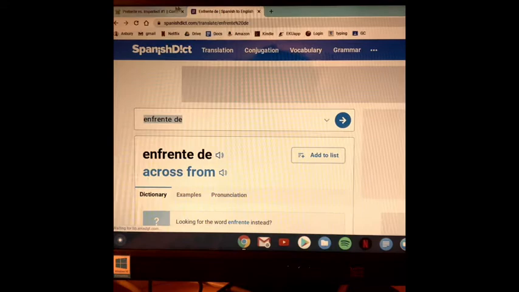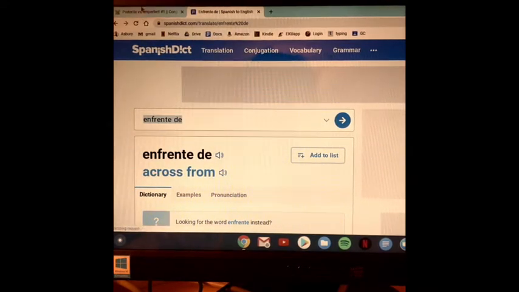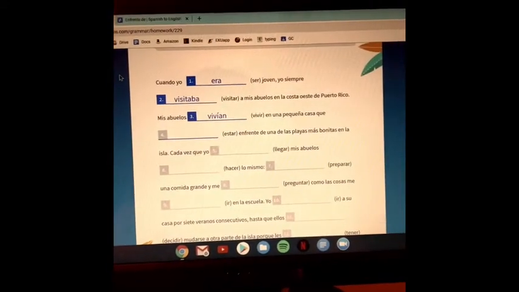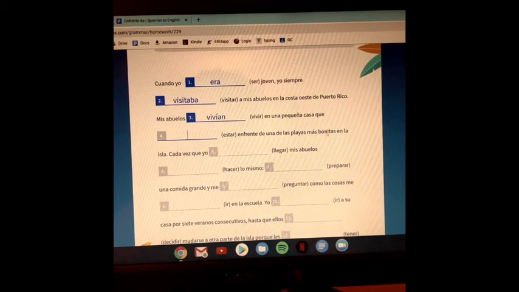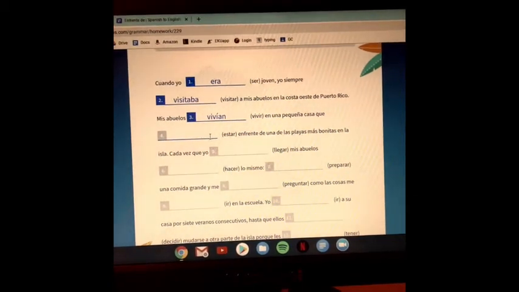Oh, wow. So I was wrong. Across from. Good thing to know. Across from the beaches, the pretty beaches on the island. So across from. So they were across from.